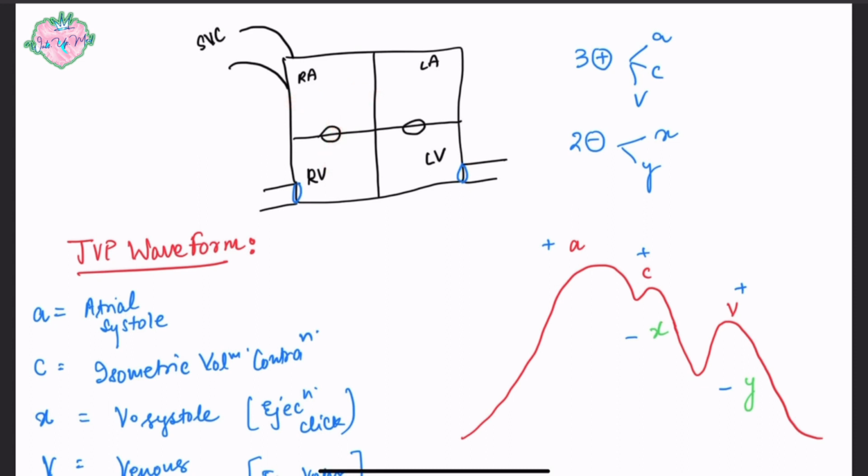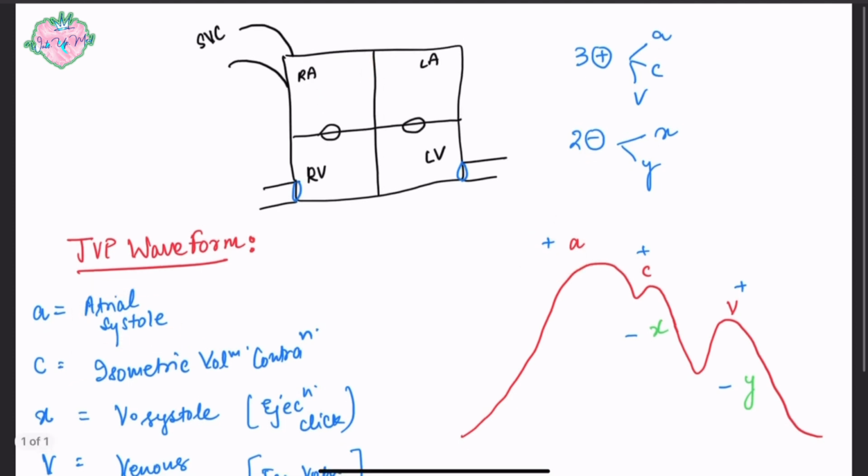This is where the systole of the atria is occurring. So right at the point of atrial systole we have the A wave, which is basically the slight increase in the pressure of the atria.